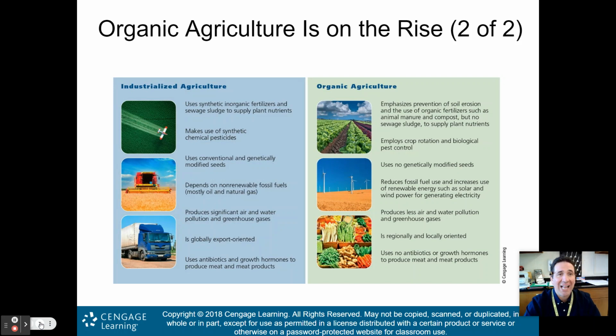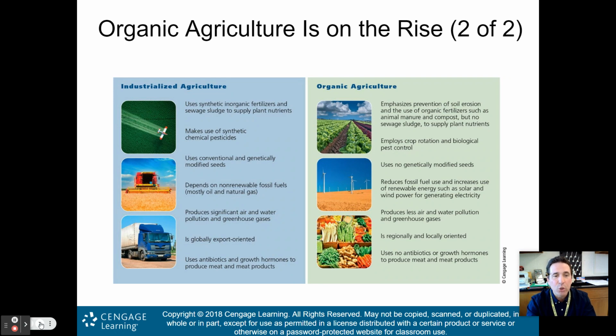So industrialized agriculture uses synthetic inorganic fertilizers and sewage sludge to supply plant nutrients. They make use of synthetic chemical pesticides. Again, these are man-made pesticides and man-made fertilizers. Inorganic fertilizers are made by man. Organic means they come from organisms, right? Inorganic is basically chemicals. Uses conventional and genetically modified seeds.